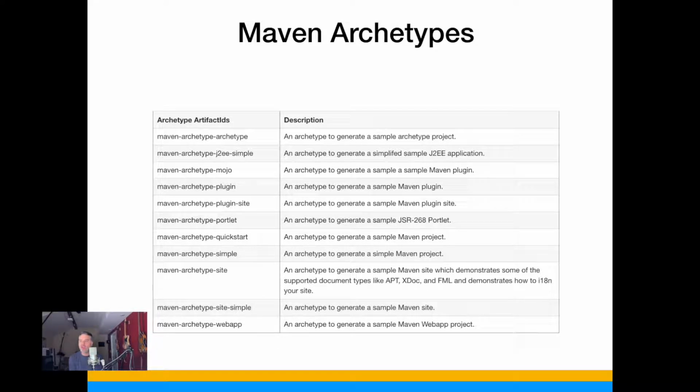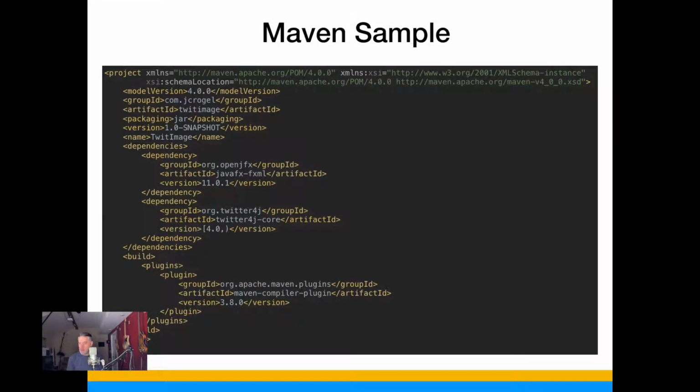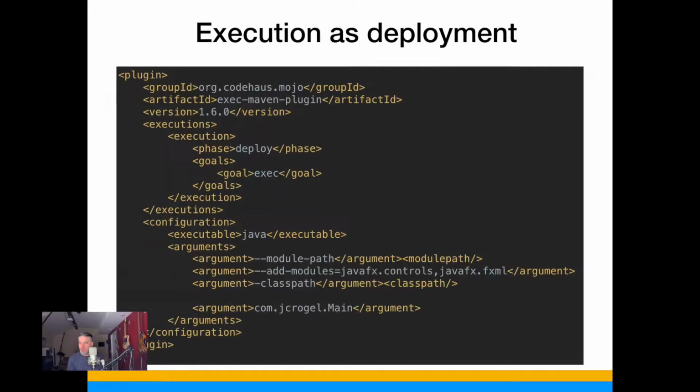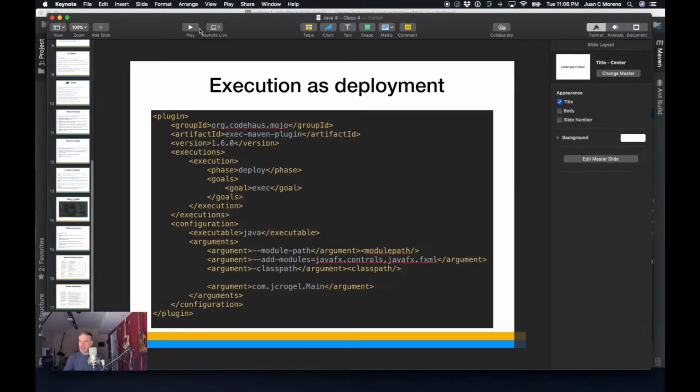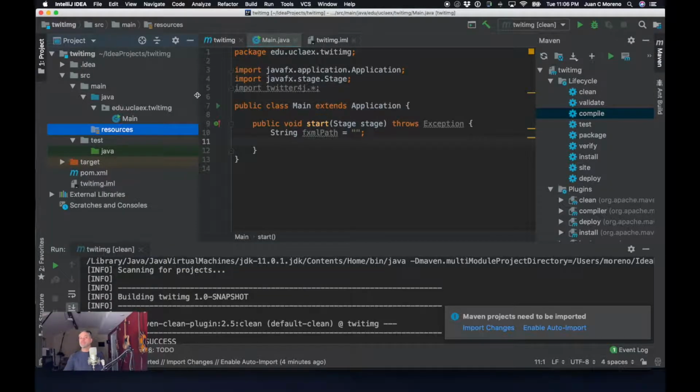Then you can have some that are related to J2EE, the Enterprise Edition of Java, and it's just basically going to generate a project with a template under those conditions, etc. So let's go back into this later.